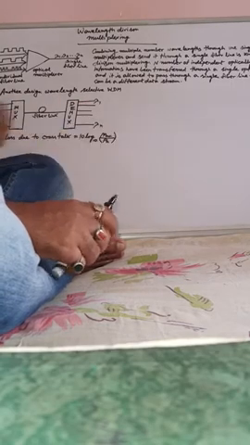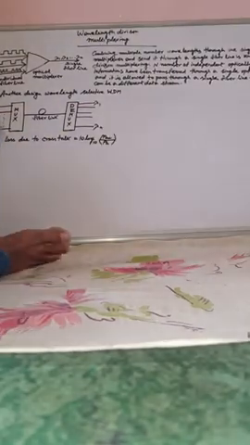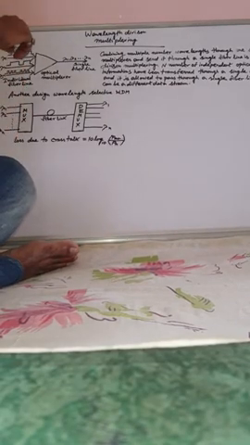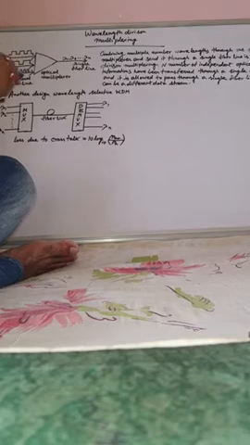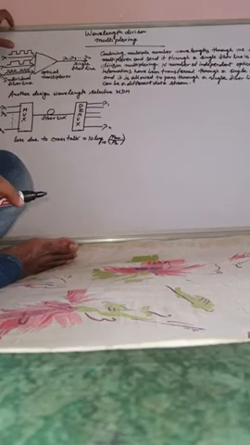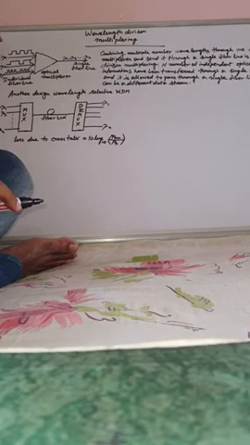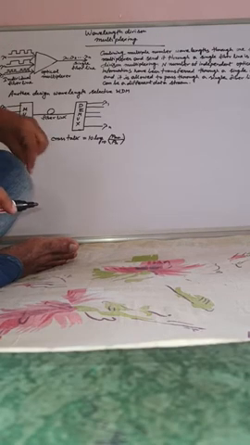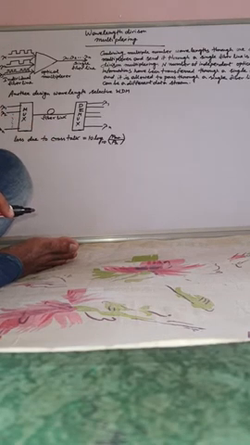What is wavelength division multiplexing? See this diagram carefully. This is an optical multiplexer. These are wavelengths of different data sources. Different types of wavelength, you can say different data streams in the form of wavelength. So this is wavelength number 1, 2 up to n.